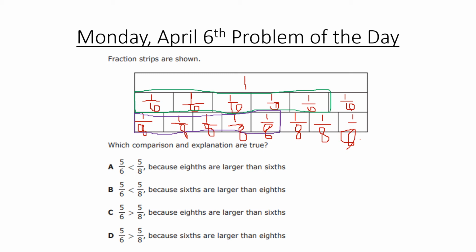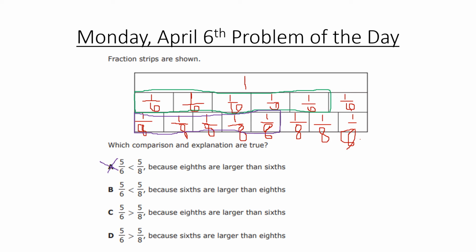Okay, now that you've taken a moment to look at those, I know I can automatically eliminate answer A, because in answer A it says that 5 out of 6 is less than 5 out of 8 because 8s are larger than 6. That is incorrect. So I'm going to go ahead and eliminate answer choice A.